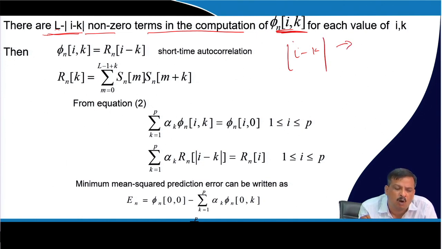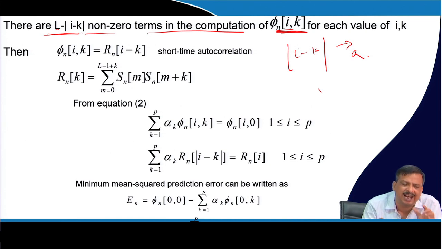If I take the mod of that part, let us say the value is k, so it is nothing but the signal S(m plus k).